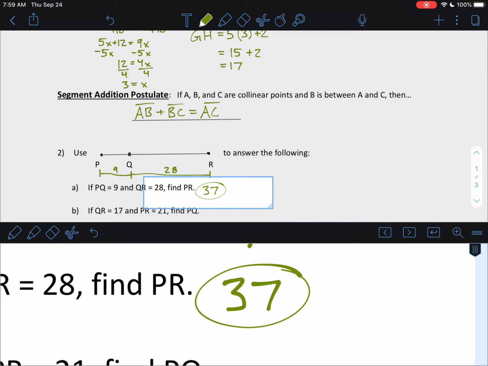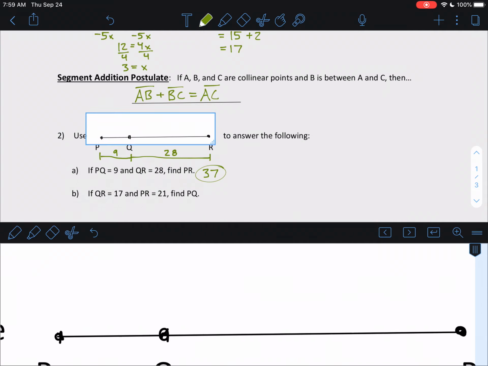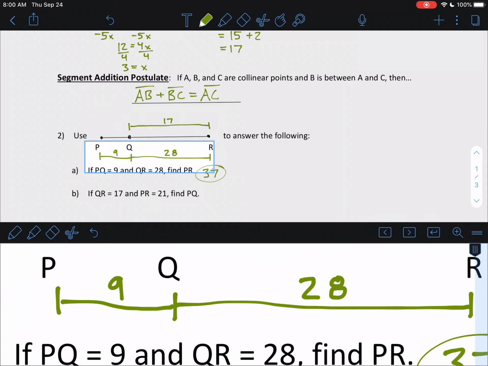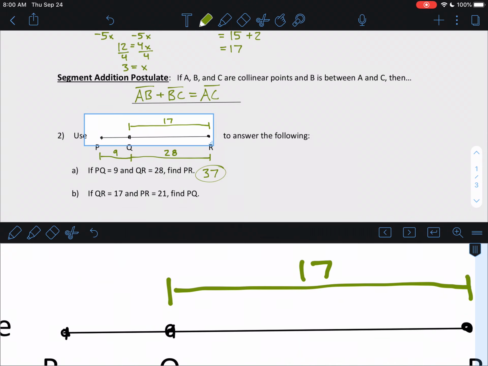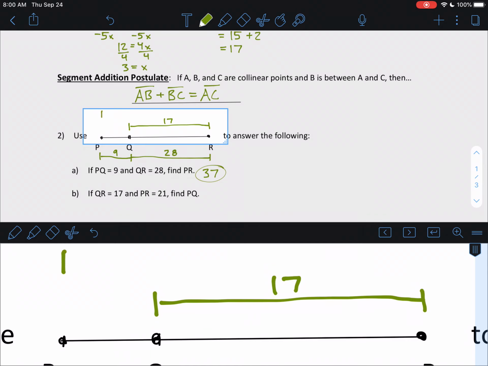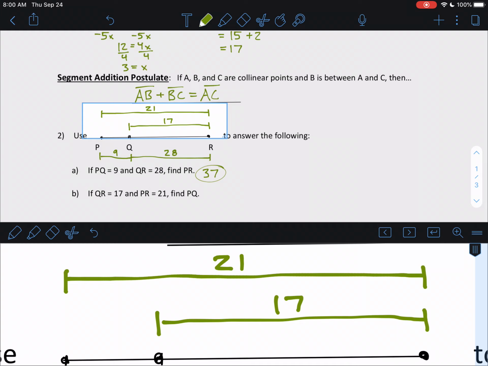And then we have a similar question, but not quite the same. So for question B, if QR equals 17, so I'll go ahead and label that, and I'll do this one above. So QR is 17, and PR is 21. So PR, that's the entire thing. So this one is a bit different because they give us the entire thing and they give us a smaller part. So that's 21.